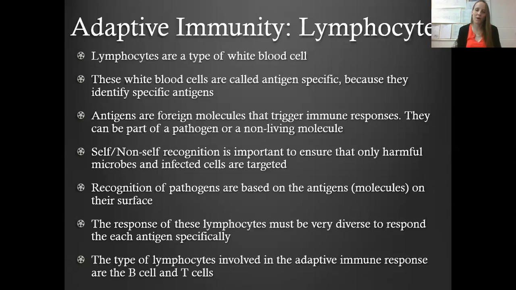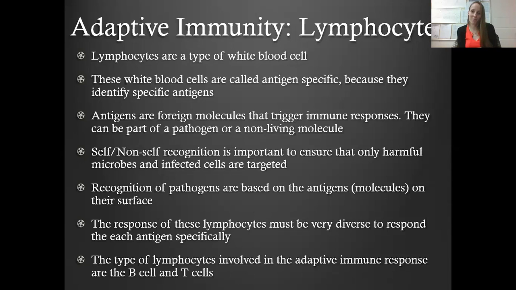Antigens are foreign molecules that trigger an immune response. So they might be just a part of a pathogen or a non-living molecule. But the white blood cells are really good at identifying these antigens. Again, the first thing that this part of your immune system should do is self, non-self recognition.